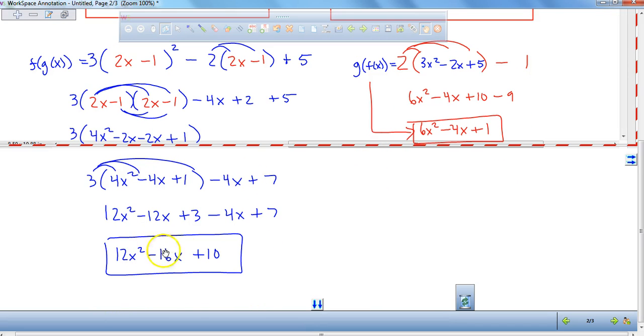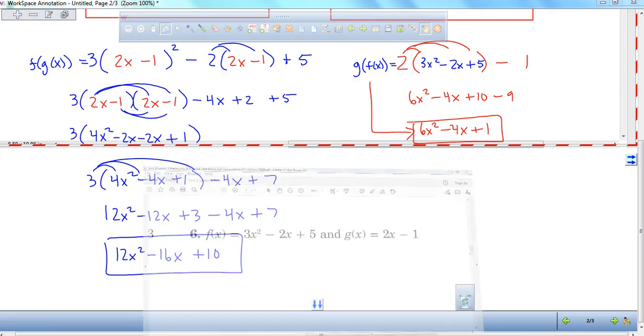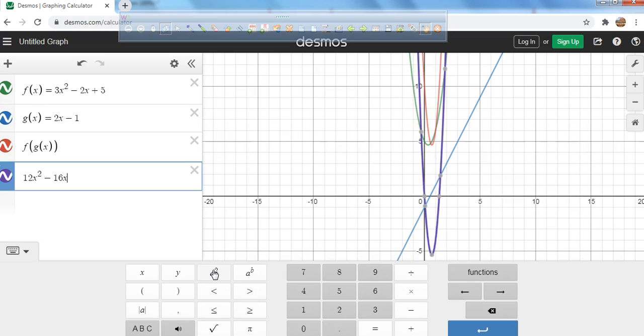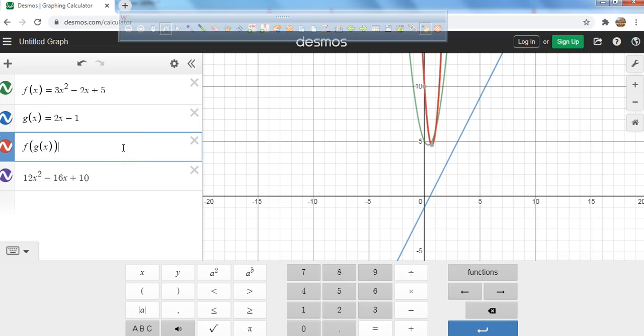I got 12x squared minus 16x plus 10. What do you notice about f of g of x and the purple function of 12x squared minus 16x plus 10? These are equivalent to each other. So that's how you could check it in Desmos to make sure that you got it right.